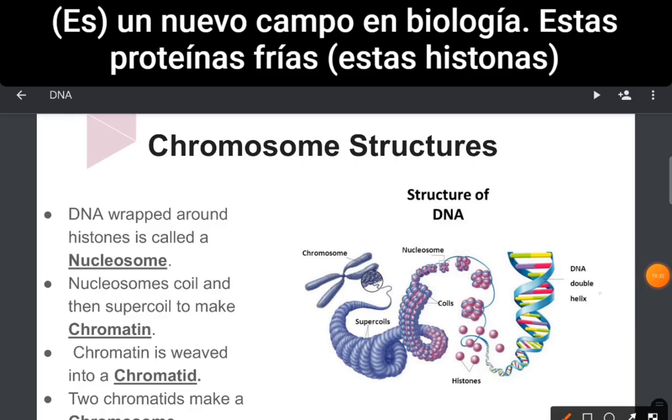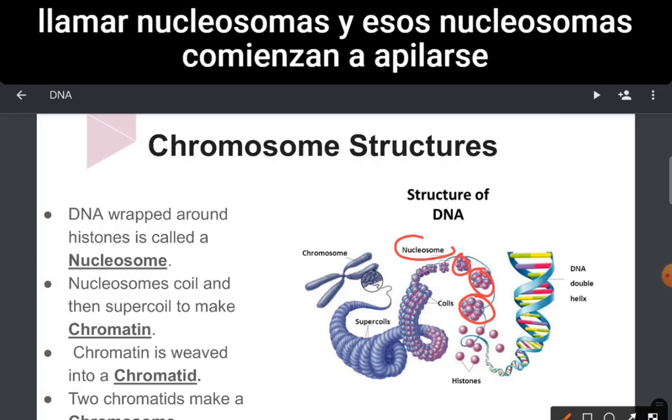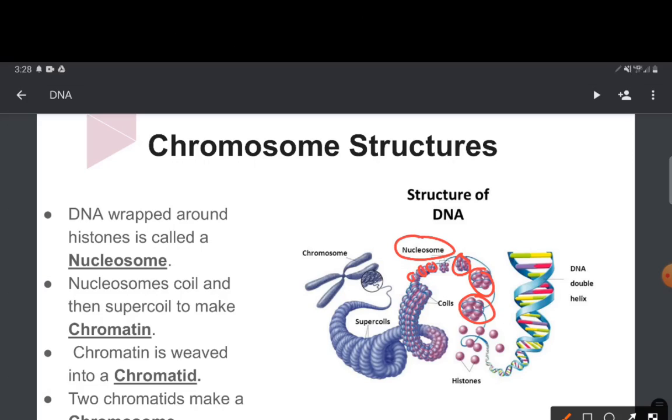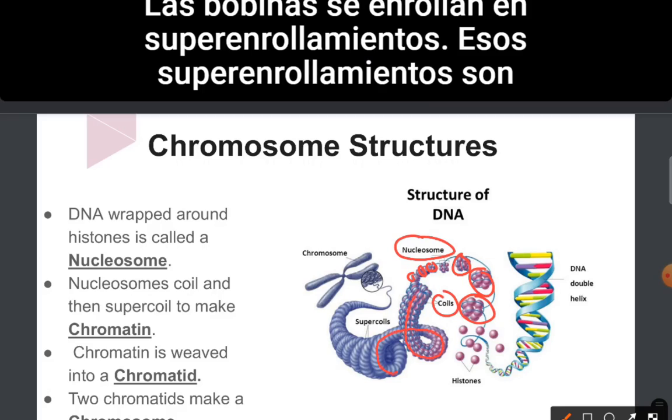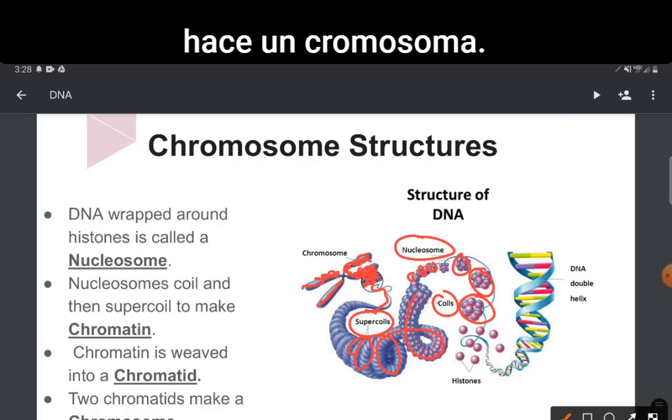These cool proteins, these histones, coil up into units of 8 called nucleosomes, and those nucleosomes then begin to stack to create coils. Coils themselves coil into supercoils. Those supercoils are then knitted together into a complex shape that eventually makes a chromosome.